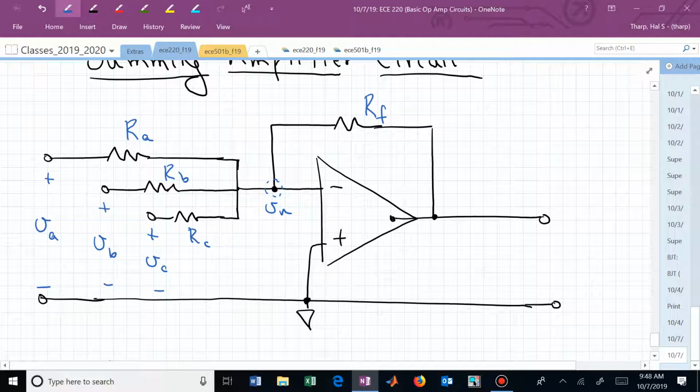We've been focusing on KCL at the inverting pin of the op-amp. We have this current going in, I sub N. We have this current, I sub F. And we have this current, and that current.